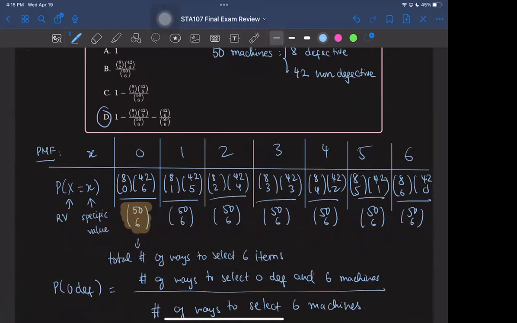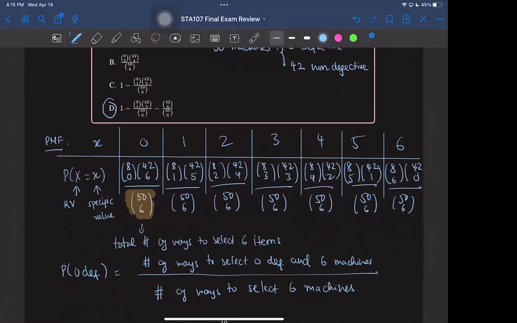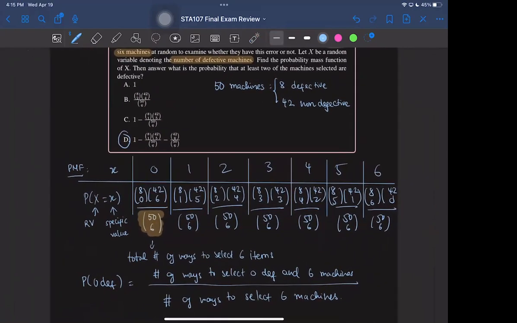Does it make sense? Yes, okay. And here the question asks for the probability that at least 2 of the machines are defective, which means the number of defective machines is at least 2. And it is 1 minus the probability of X less than 2. Keep in mind that this is a discrete random variable.